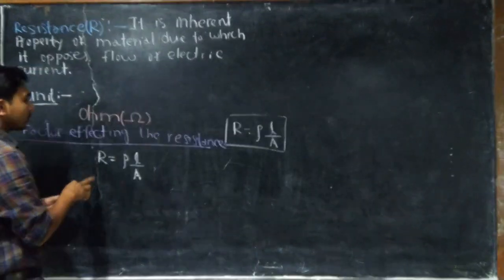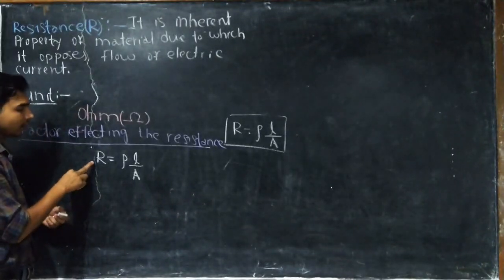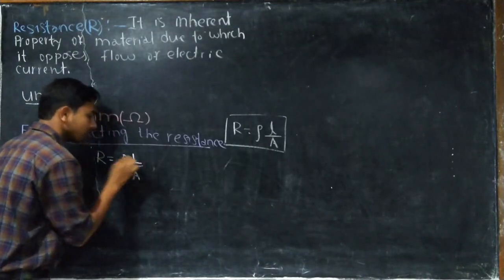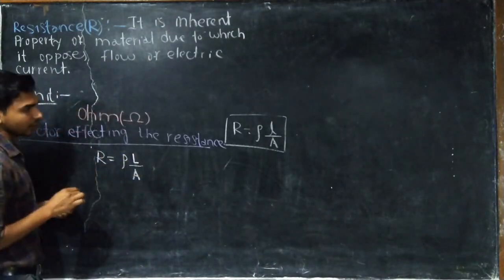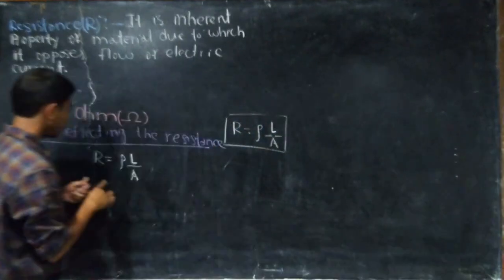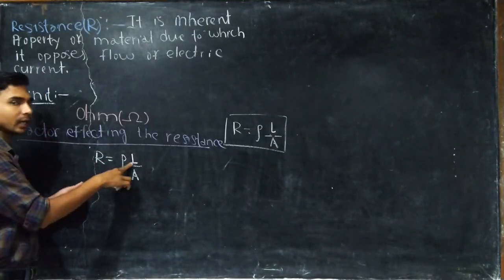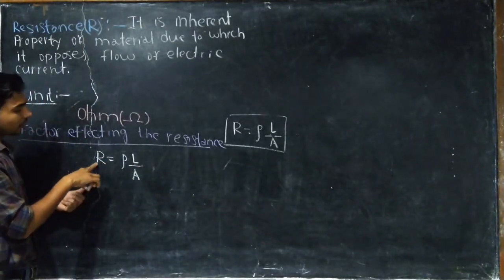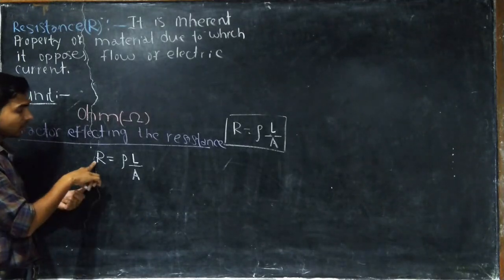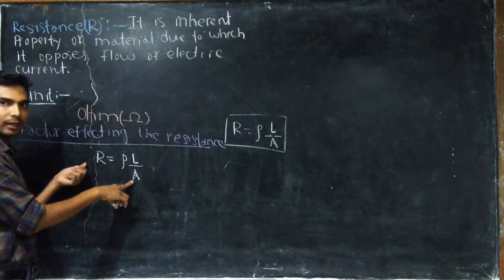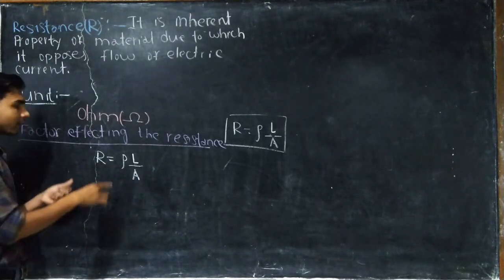Here L is length. So you can see if the length of the conductor increases, resistance will increase, and if the area increases, resistance will decrease. So these are the factors.